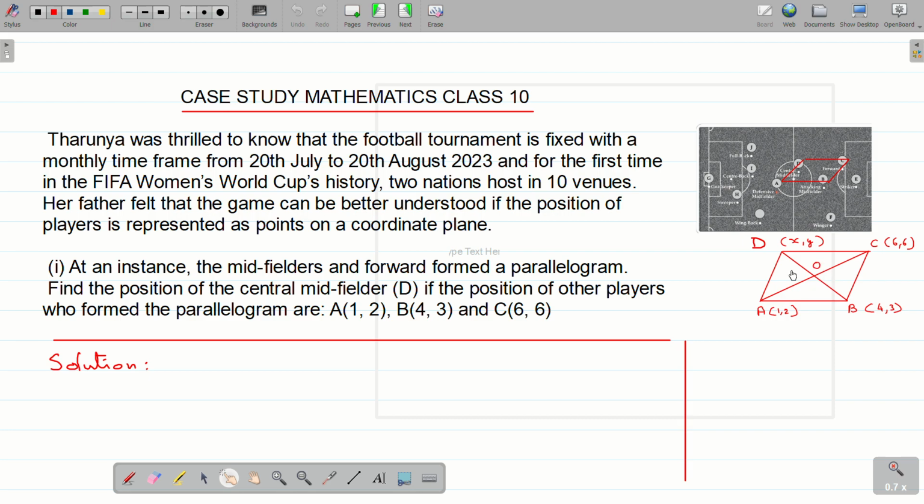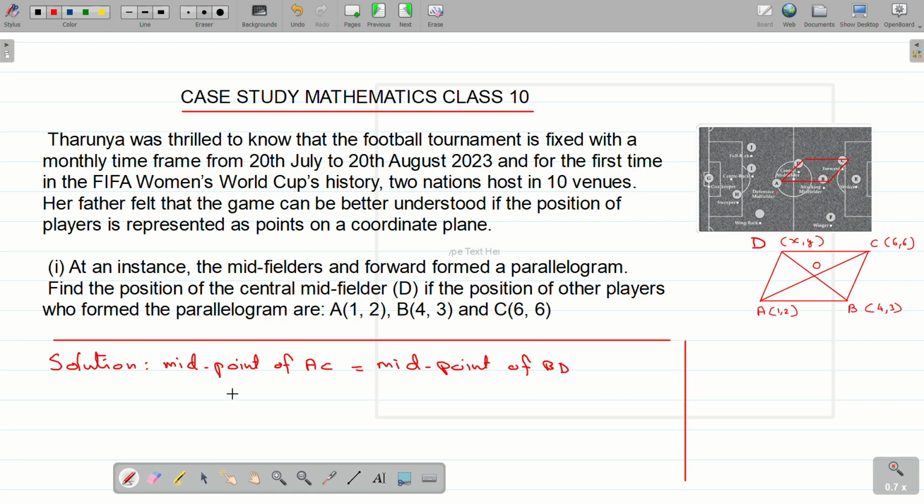And here we are using the property that the diagonals of a parallelogram bisect each other. That means the midpoint of AC is equal to the midpoint of BD.